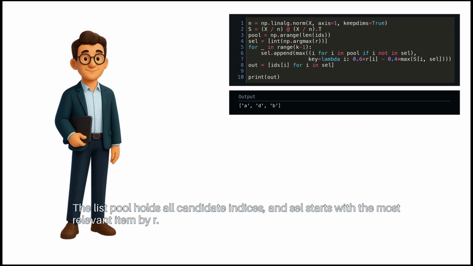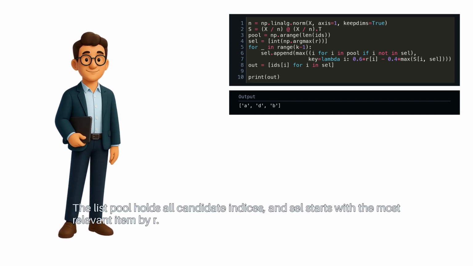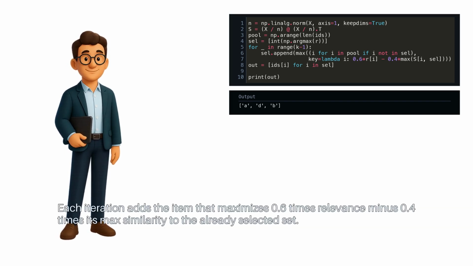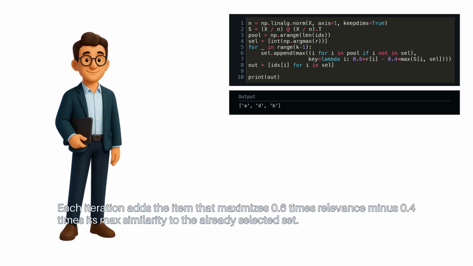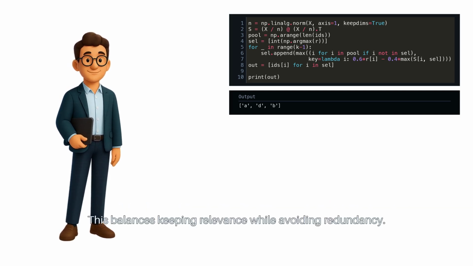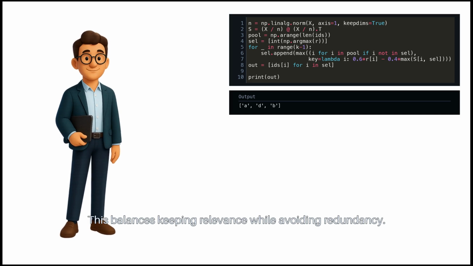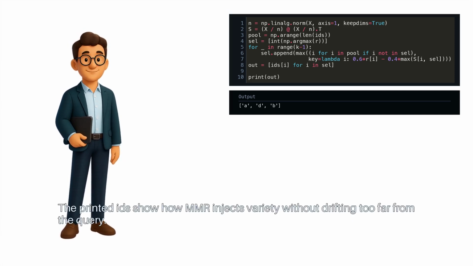The list pool holds all candidate indices, and sel starts with the most relevant item by R. Each iteration adds the item that maximizes 0.6 times relevance minus 0.4 times its max similarity to the already selected set. This balances keeping relevance while avoiding redundancy. The printed IDs show how MMR injects variety without drifting too far from the query.